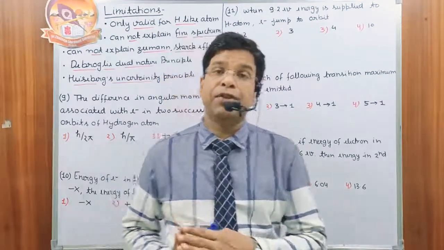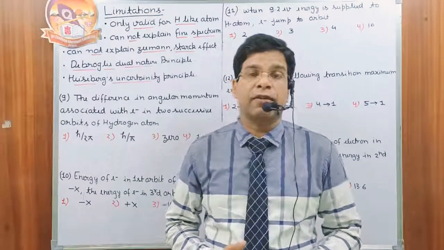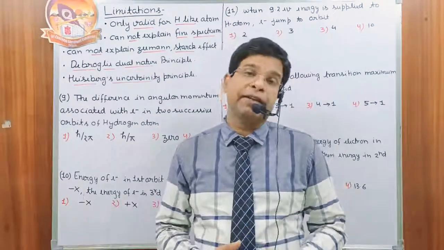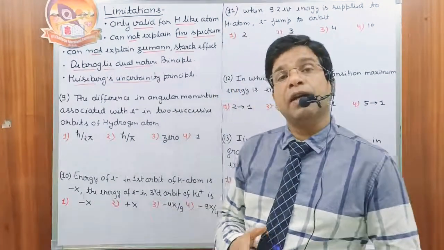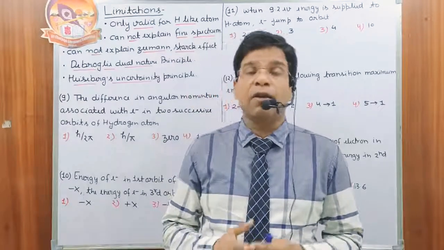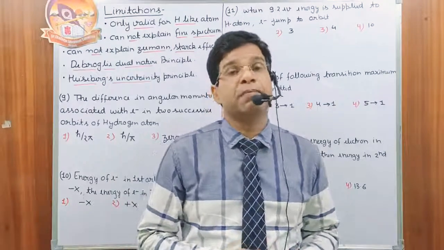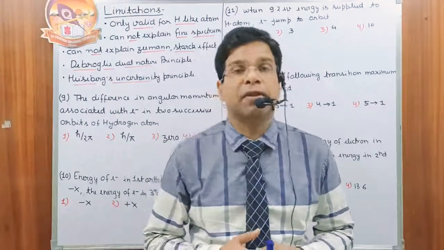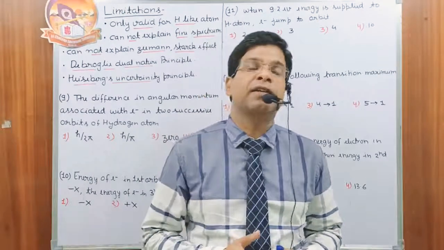Further limitation, it cannot explain the Zeeman effect and the Stark effect. When we apply a magnetic field on the main spectrum, or when we apply an electrical field on the main spectrum, the lines of the main spectrum are further divided into several parts, and this is called the Zeeman effect and the Stark effect.